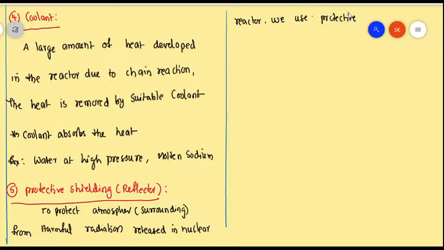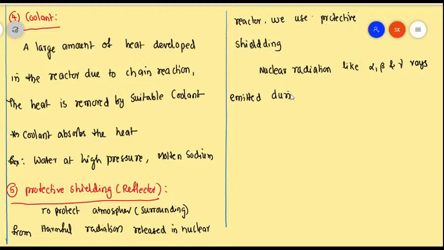How will we make the protective shielding? The protective shielding is needed against nuclear radiation, like alpha, beta, and gamma rays emitted during nuclear fission.